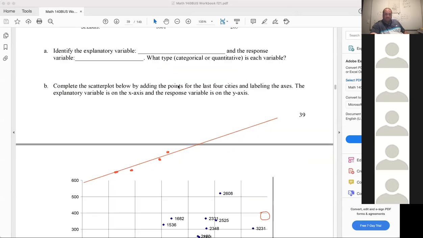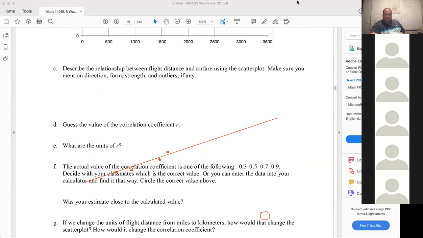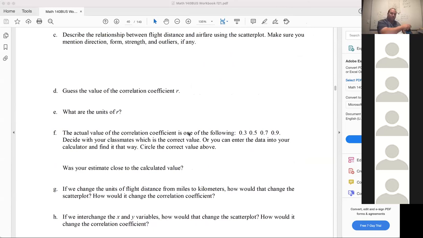What do you guys get? I got 0.699. Yeah, me too. 0.699080864.